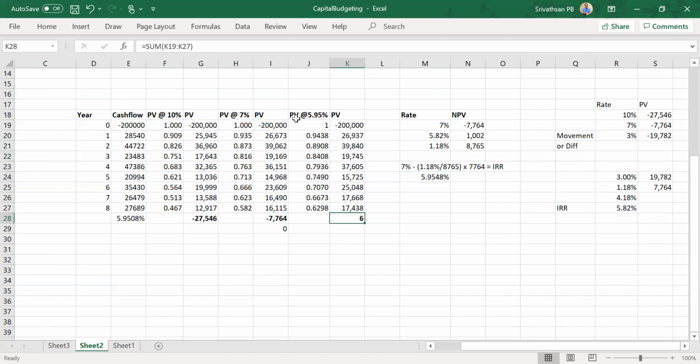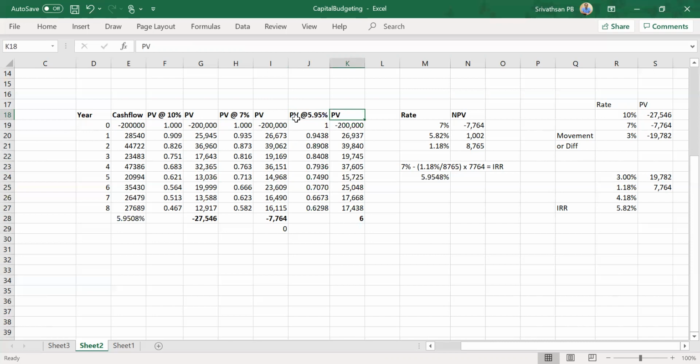So this is how you calculate internal rate of return. Why do you want to know that? If I can borrow from somebody at a rate lower than 5.95, I'll make a positive net present value, or at 5.95, I'll make no profit, no loss in terms of present value.